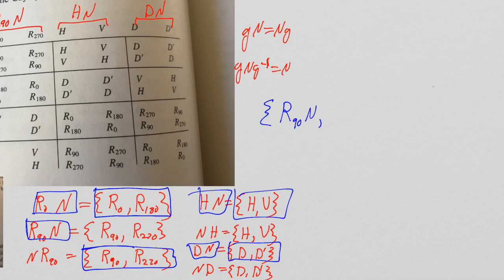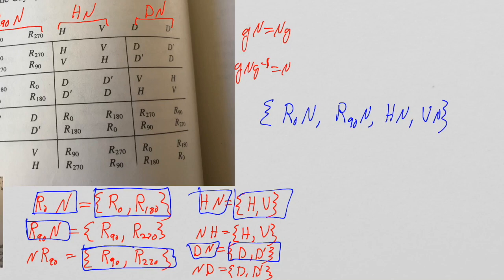The first will be R0N, then R90N, then HN and VN.